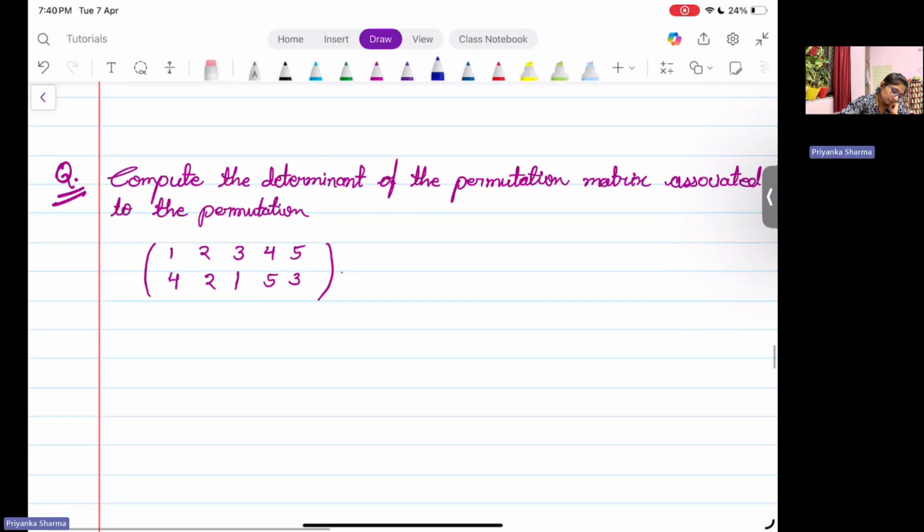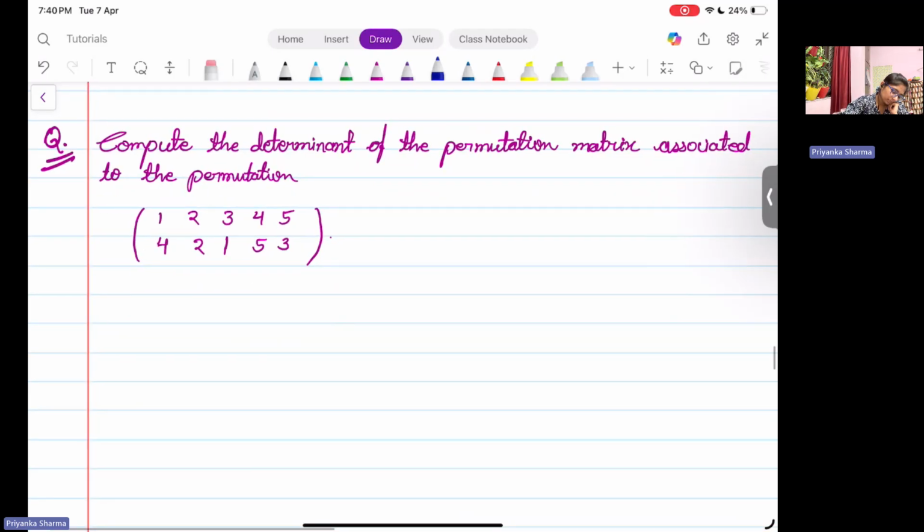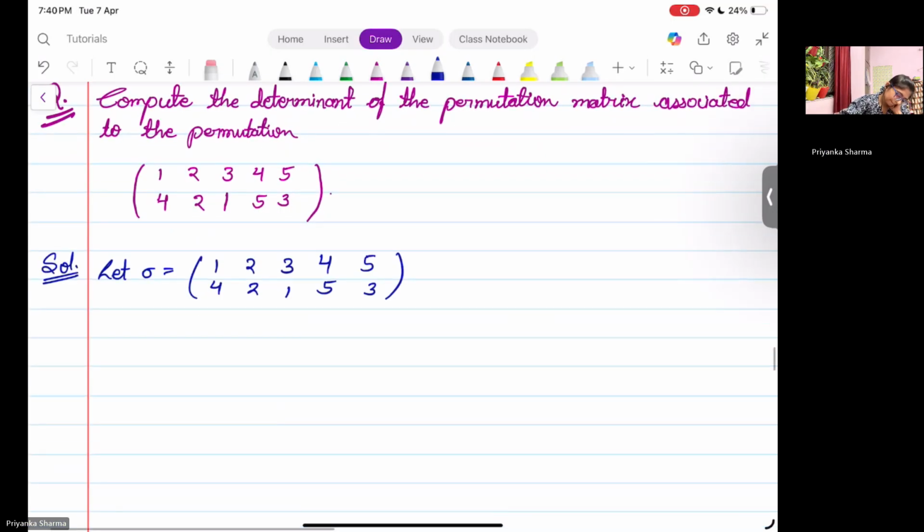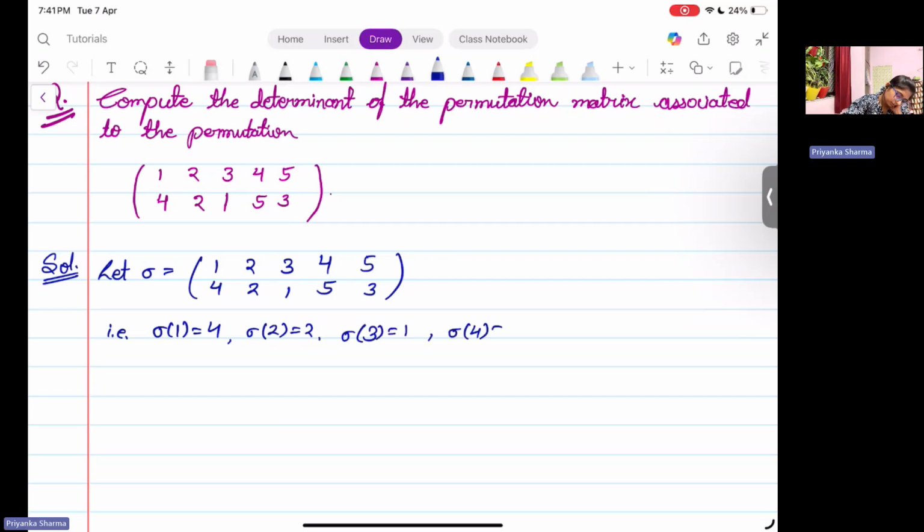Okay. Now compute the determinant of the permutation matrix associated to this permutation. So how to solve this? Let sigma be 1→4, 2→2, 3→1, 4→5, and 5→3. That is, sigma(1) is 4, sigma(2) is 2, sigma(3) is 1, sigma(4) is 5, and sigma(5) is 3.